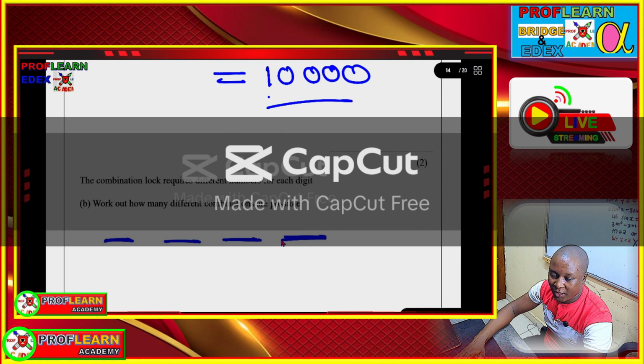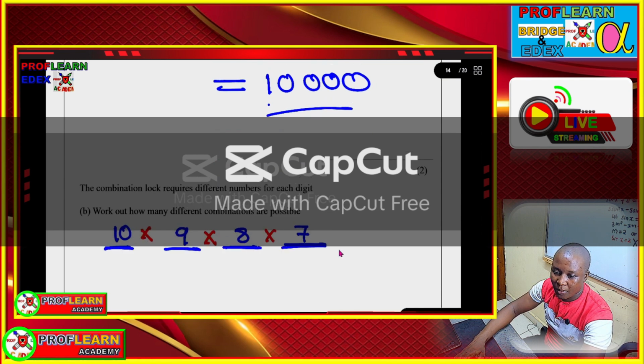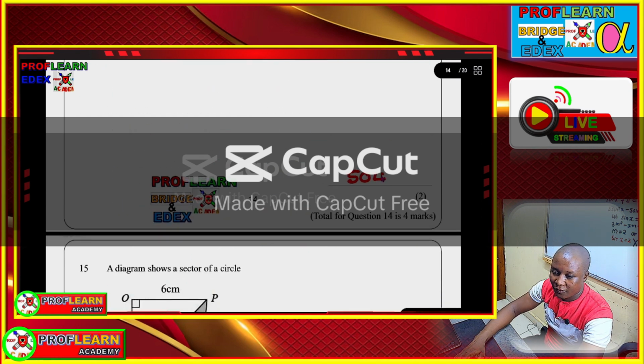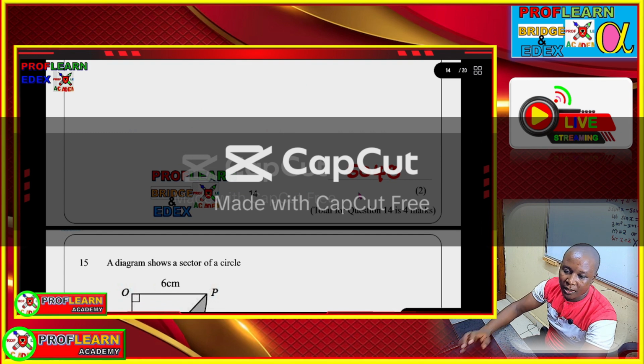So the first space will take 10, the second one, already one number has been taken, that number is not going to be repeated. You'll have 9, 8 and what, 7. So that's going to be 10 times 9 times 8 times 7, and that is going to be 5040. It's 5040 as the total number of combinations.